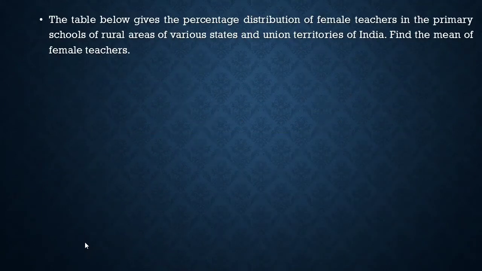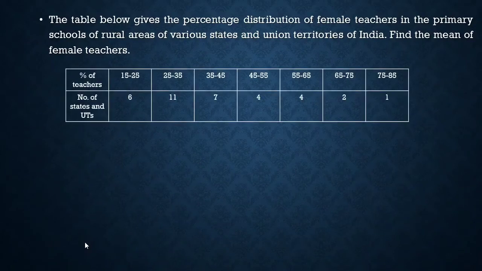The table below gives the percentage distribution of female teachers in the primary schools of rural areas of various states and union territories of India. Find the mean of the female teachers. So this gives the percentage of teachers: 15 to 25%, 25 to 35%, 35 to 45%, 45 to 55, 55 to 65 and so on up to 75 to 85%.